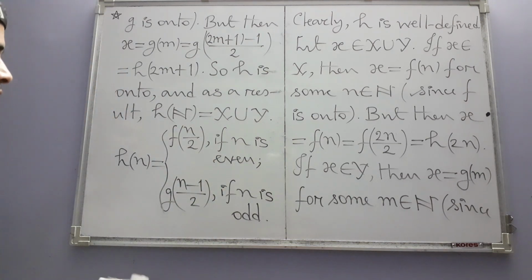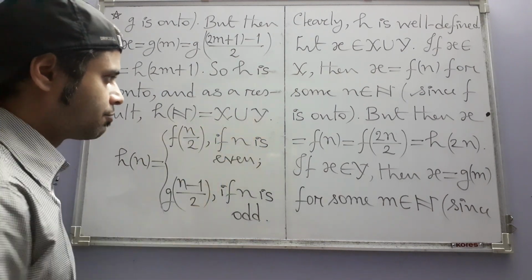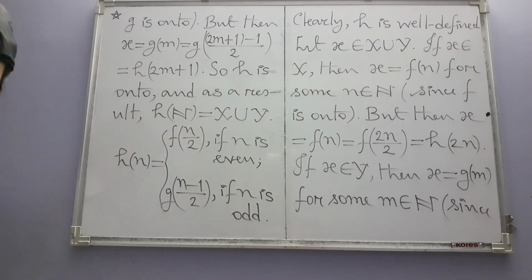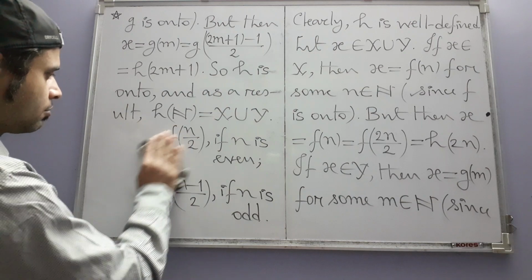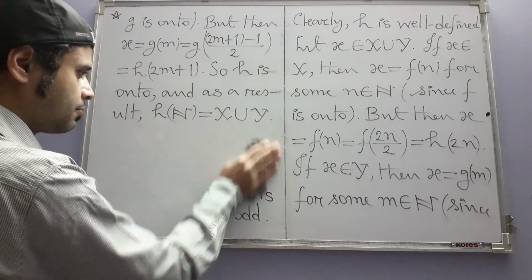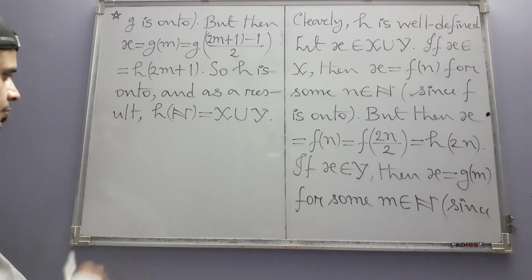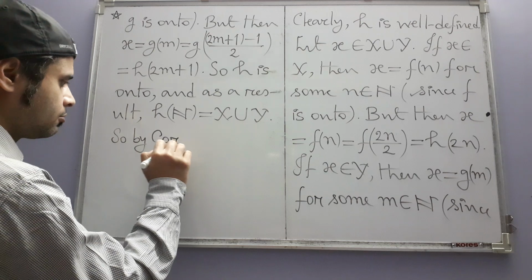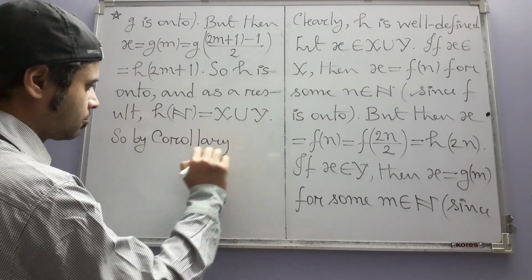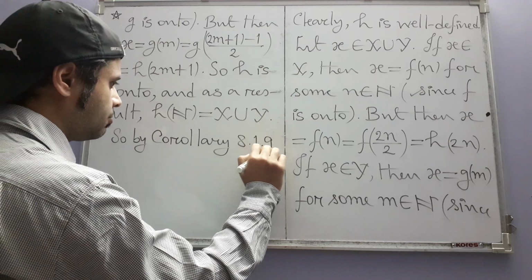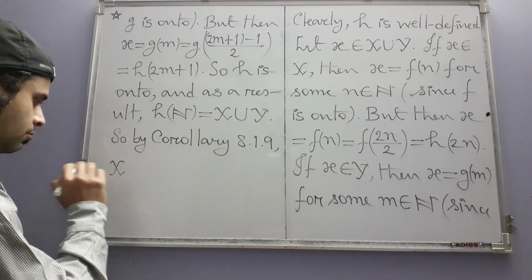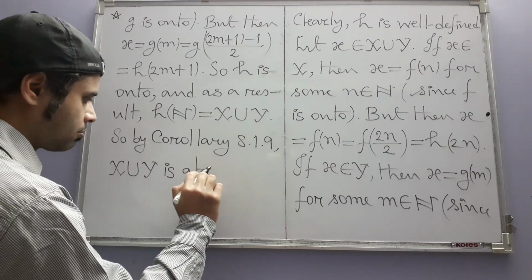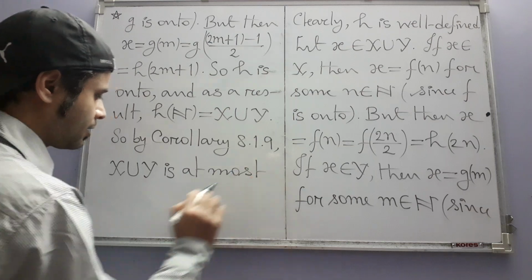Yeah, to claim that X union Y is at most countable because it is h of N for some function h. So by corollary 8.19, X union Y is at most countable.